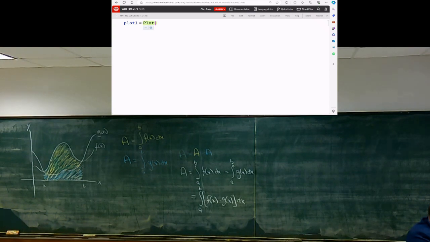We're going to start by just plotting the two curves. All right, so I have two curves, so I need them in braces. Sine x, cosine x. Need a domain. For now, let's just start minus 2 pi to 2 pi. I'm going to start with a broader picture.